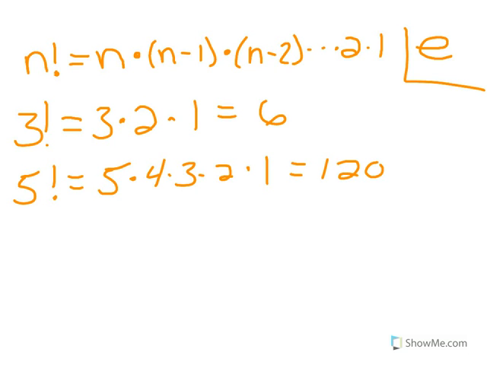That's what factorial means. Take the integer that you're on, and you multiply by consecutive integers down till you get to 1. There's one exception to that, and that is 0 factorial. 0 factorial is defined as being 1. It's just a special rule for 0.